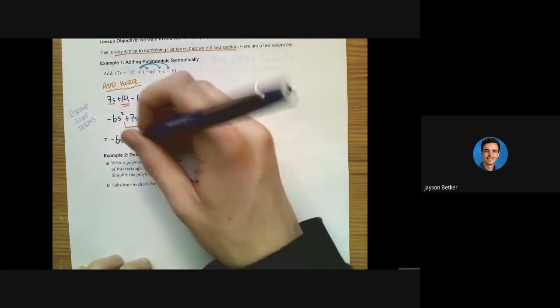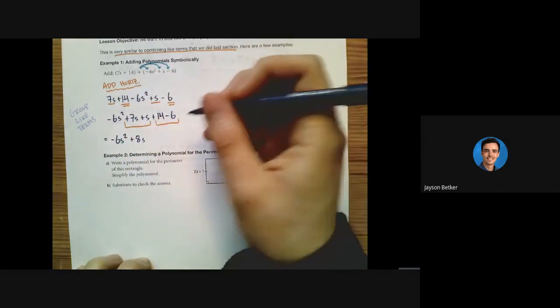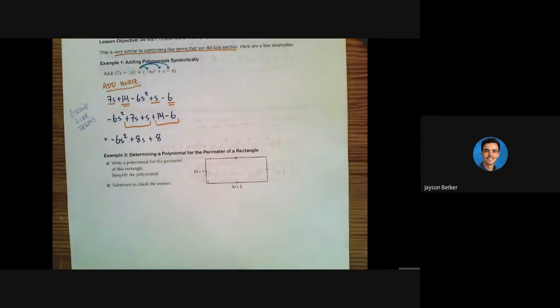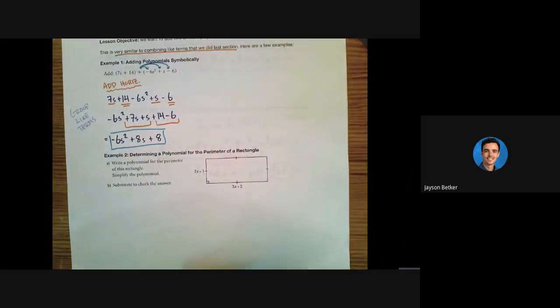That should give us our final answer, which will be negative 6s squared plus 8s, since 7 plus 1 is 8, plus 14 minus 6, which gives us 8. So our answer becomes negative 6s squared plus 8s plus 8.